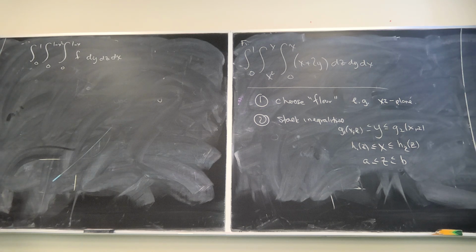Don't do the integral. Just set it up 6 times. It's tradition. It's like you're being inducted into the cult of people that do triple integrals. So the first thing you've got to do is figure out, what am I even looking at? What is the region that I'm being asked to consider here?